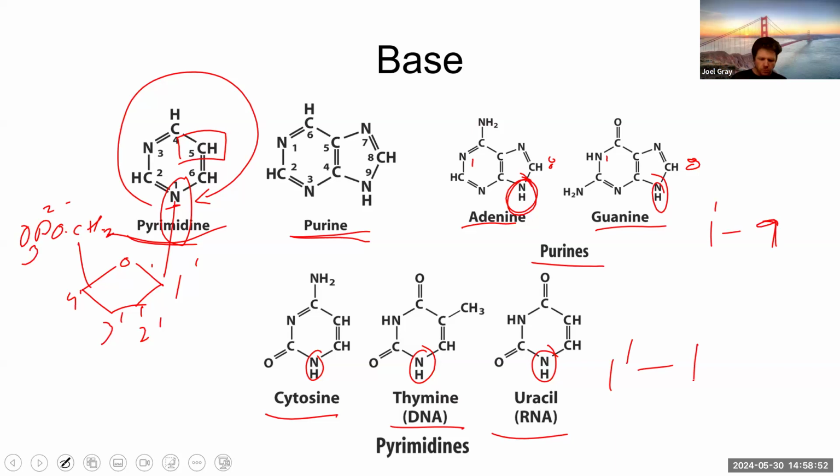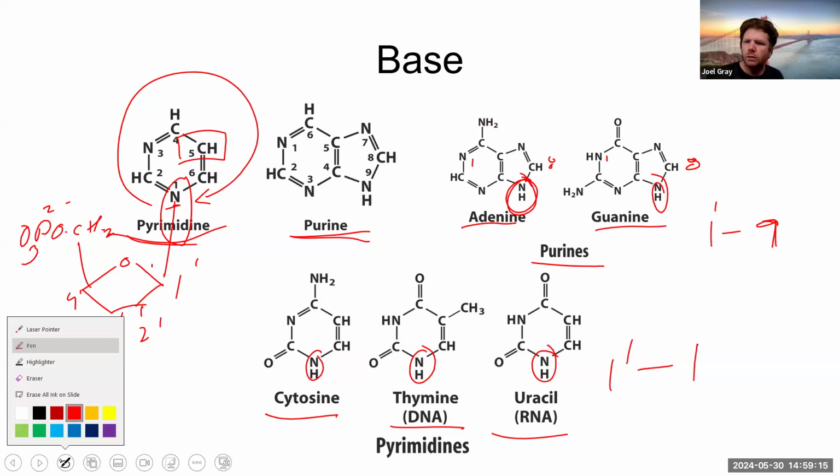Okay. So these are our bases. What I want you to know about these bases is the differences between them. I'm going to be asking you questions about simply identifying them. I think it's helpful to use this scheme right here. I'm going to erase everything on this slide.